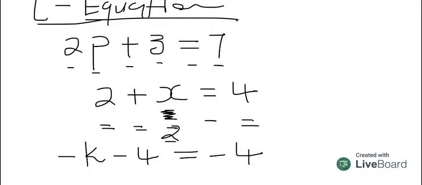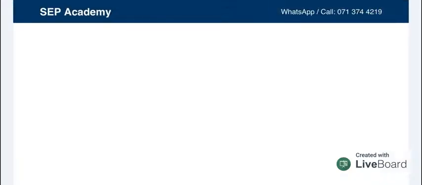So that means in the end, you need to say k is equal to whatever number, so that when you say negative k minus 4, it will be equal to negative 4. So let me bring another blank page so that I will therefore take you through some equations that I'm going to solve.